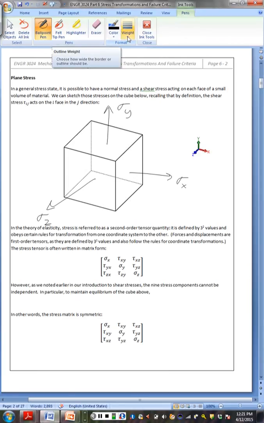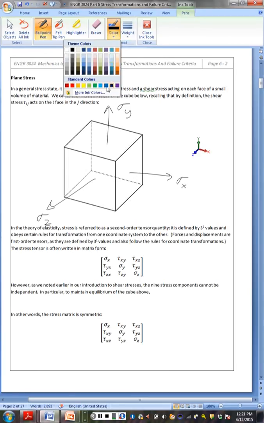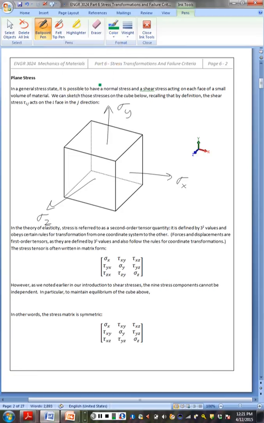Now, we also have 3 shear stresses, and we have one in our terminology. This one is our tau xy, meaning it is acting on the x face in the y direction. And using that same convention, this guy is tau yx.